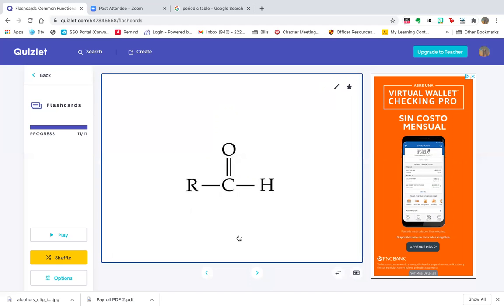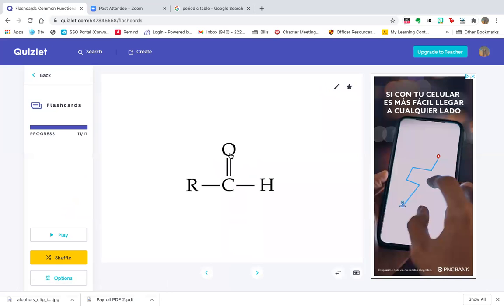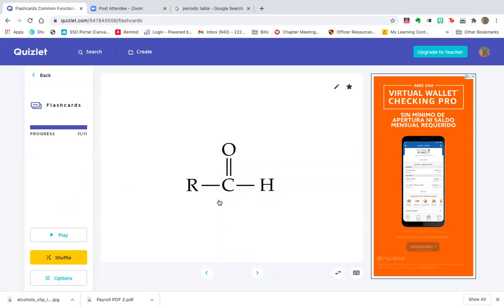Ether. Aldehyde. Aldehyde. Because it's the terminal. That one's going to be really hard to remember, I'll be honest. But a terminal carbon that's just double bonded to an oxygen. It's hard to remember because it's the simplest one. Right. Yeah, I just kind of threw ether out there because that was the first one that popped in my head.